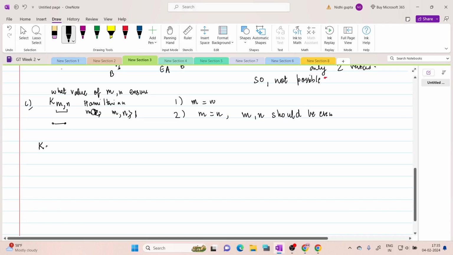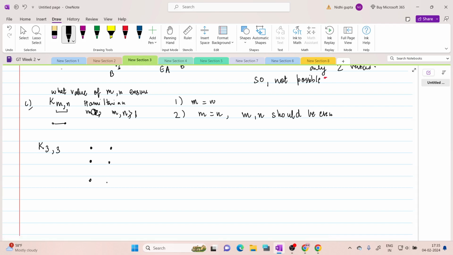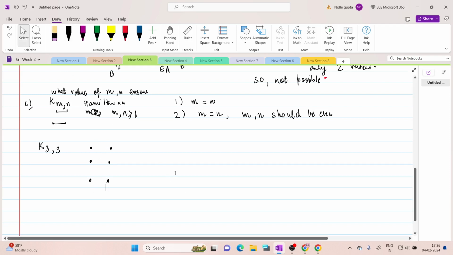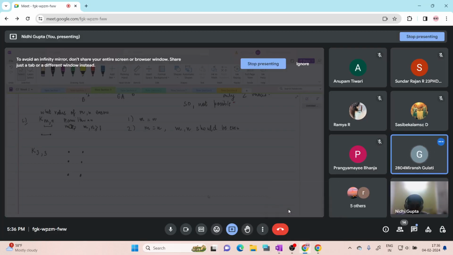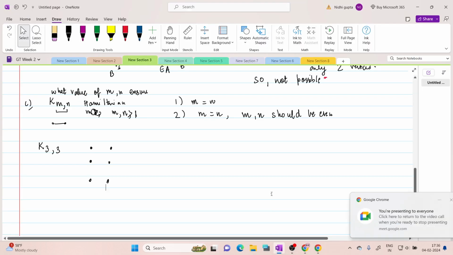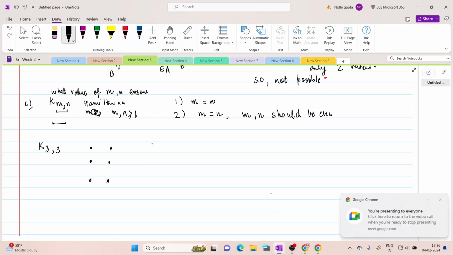Let's look at K33. We will be able to find the cycles. I think it's about observation here. Yes, it is a complete bipartite graph.